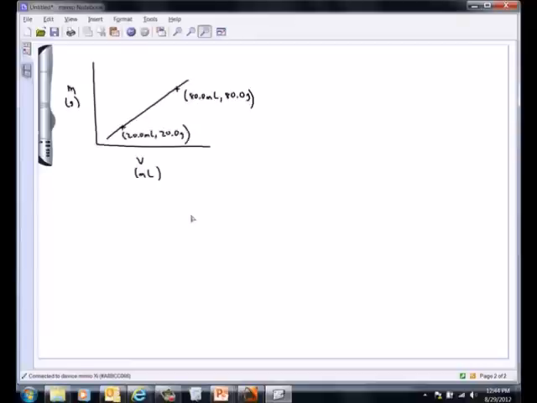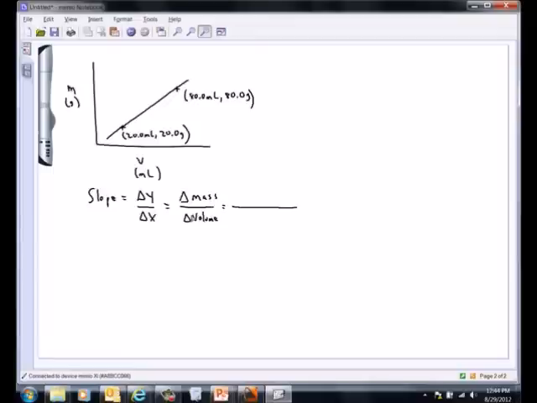And then from there I go to calculate my slope. I know slope is always rise over run, or delta y over delta x. I'm not dealing with y's and x's here, I'm dealing with masses and volumes. So I'm going to write this as change in mass over change in volume.